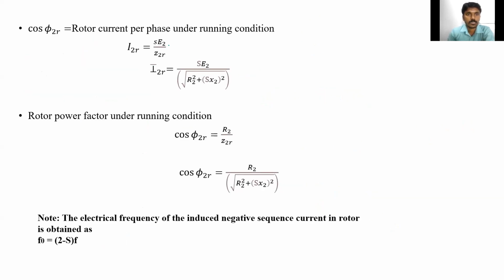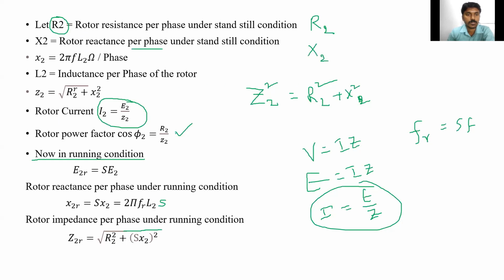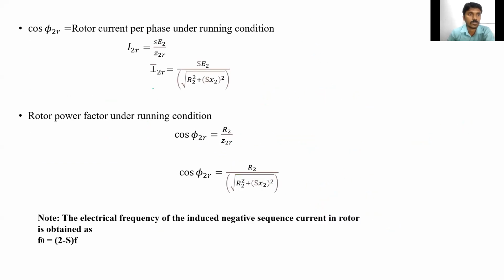So the power factor under the running condition is R2 upon Z2R. This is called the rotor power factor, equal to cos phi 2R. Why is it cos phi 2? Because it is the rotor power factor. Why R? Because it is the running condition. Here R is not written because it is the standstill condition. So in this way you have to understand.